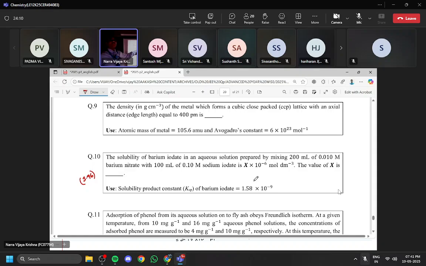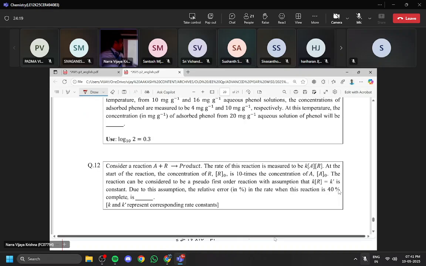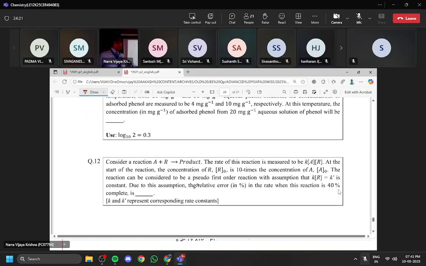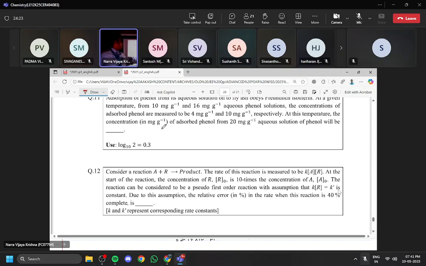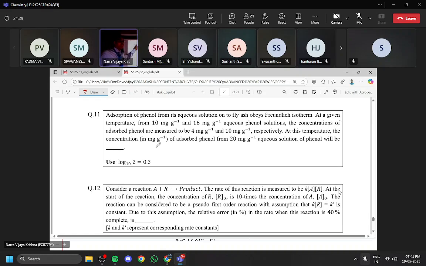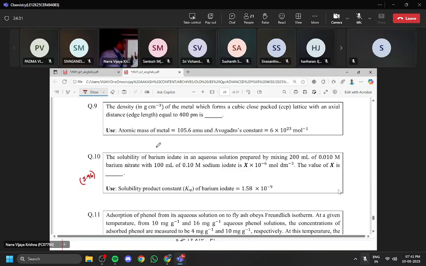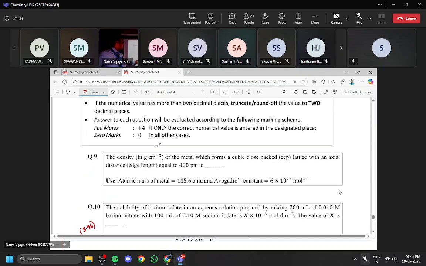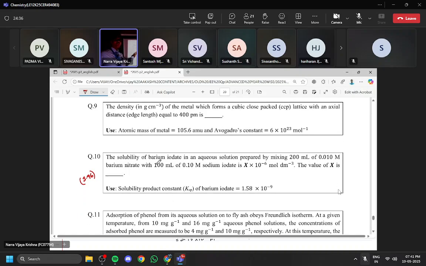Solid state chapter question. This is the chapter which we are going to discuss now. After this chapter, we will discuss chemical kinetics. This is the question. After that chapter, we will discuss surface chemistry. This is the question. From every chapter, they formed one integer type question. All are class 12th questions only, if you observe carefully.